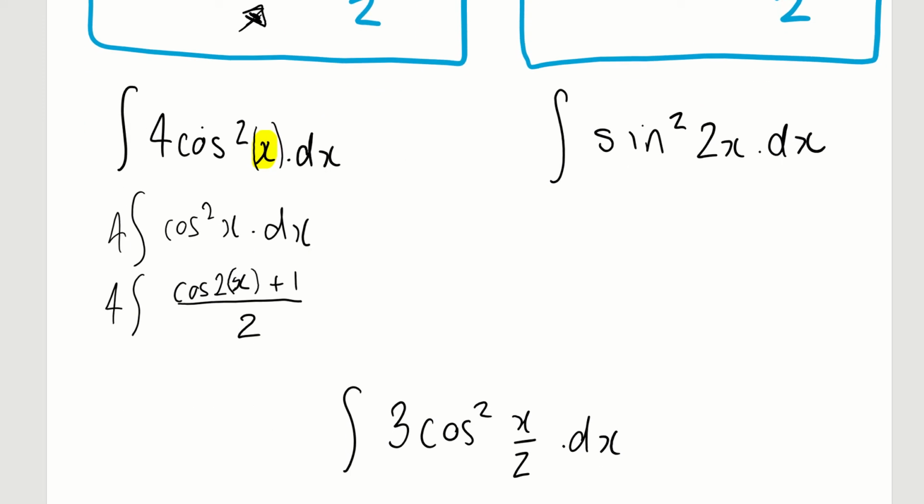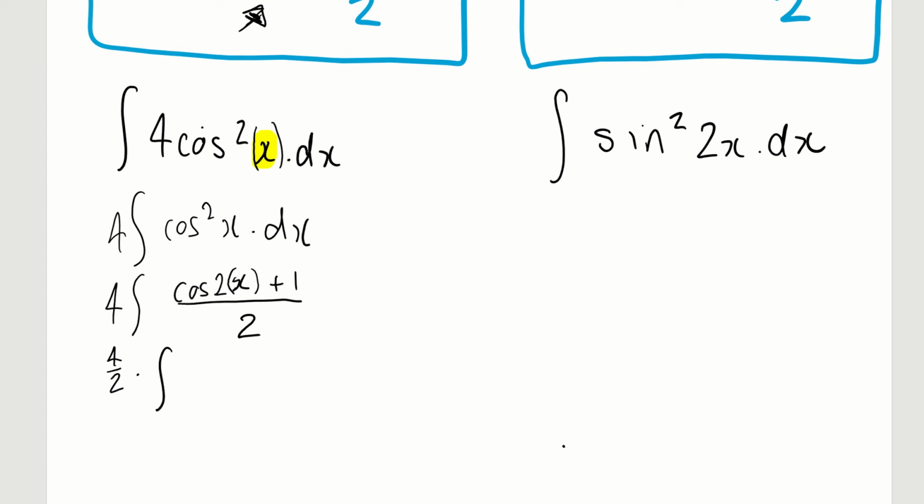All right, now it's just a matter of integrating this. I'm going to bring the 2 out the front. So now I say, well, that's really 4 on 2 times the integral of cos 2x plus 1 with respect to x. So I get 2 lots of cos integrates to positive sine, and I am going to do 1 over 2 out the front.